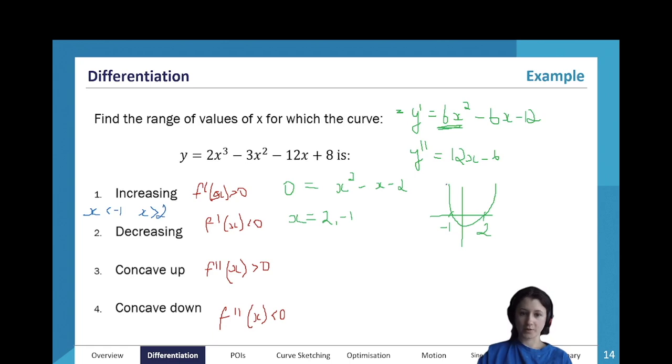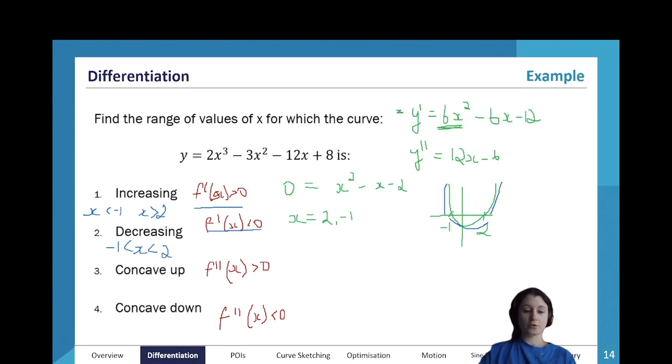That's because these are the parts on which our curve is positive. It's above the x-axis. It has positive y values. Then it will be decreasing in this section here because this is where our gradient curve has a negative value. So this will be in between negative 1 and 2.